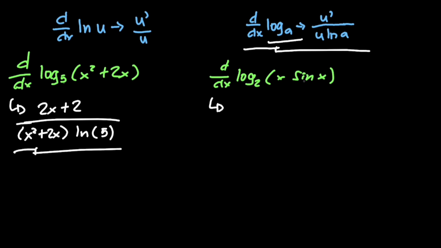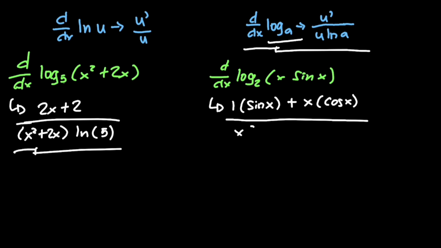And then derivative of logarithm of x sine of x with the base of 2 will be, this is still product rule. Take the derivative of first, so you will have 1 multiplied by sine of x plus x multiplied by cosine of x over x sine of x multiplied by natural logarithm of 2.